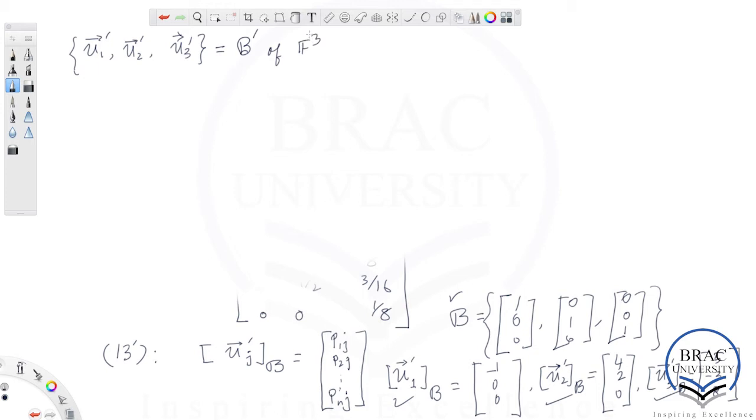So we have two different bases, B and B prime, of F3. One is the standard basis, another one is given by these three vectors in F3, where F is the subfield of the field C of the complex numbers.